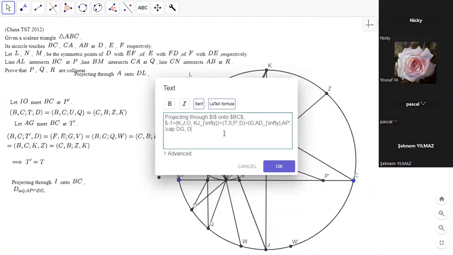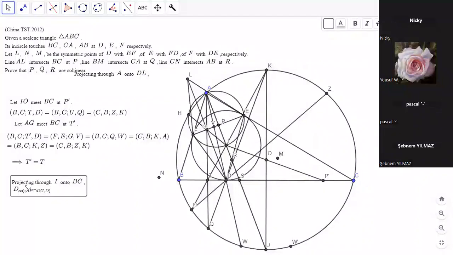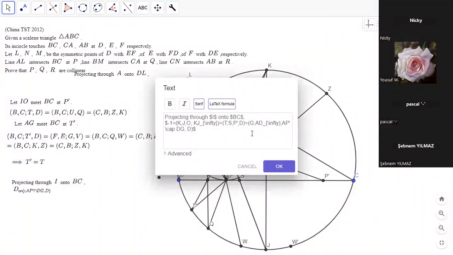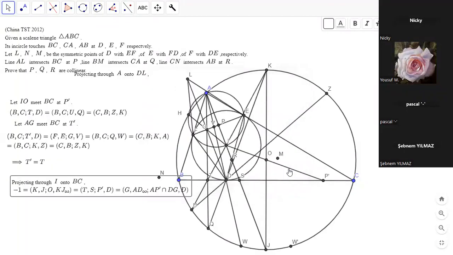So I think it would be like this, but somewhere I messed up here. So let's see, what do I need to change here? Oh, with the wrong bracket. Yeah, the wrong bracket. Okay. Also, it is a DG infinity, not AD infinity. Oh, you're right.